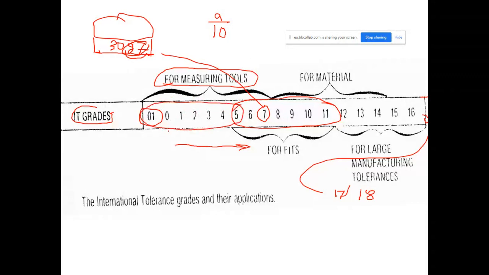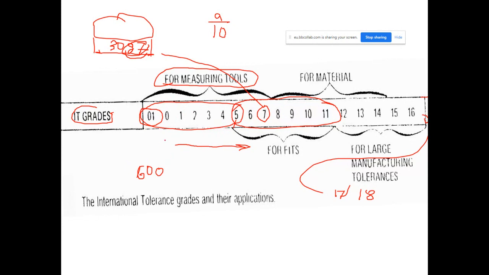Go to the market and ask the shopkeeper to purchase a vernier caliper. If you say that the IT grade for that vernier caliper is 5, then the shopkeeper will say, okay sir, pay, for instance, 600 lira.